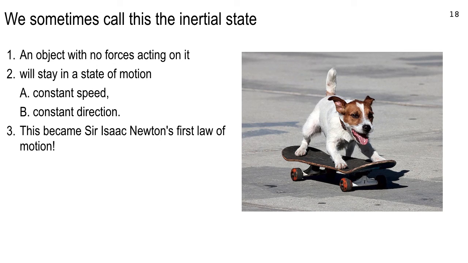Anyways, this law, Sir Isaac Newton took as his first law of motion. This whole idea that an object will remain in a state of constant direction, constant speed, motion, unless acted upon by another unbalanced force. Or it'll stay at rest.